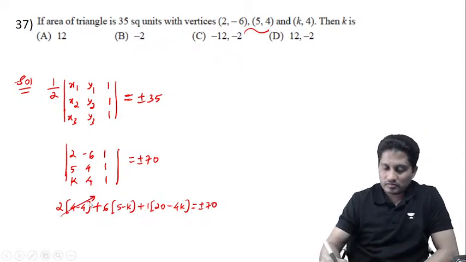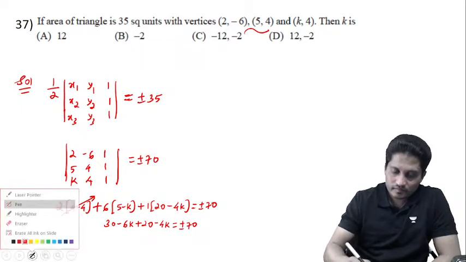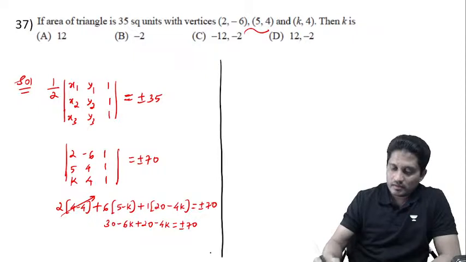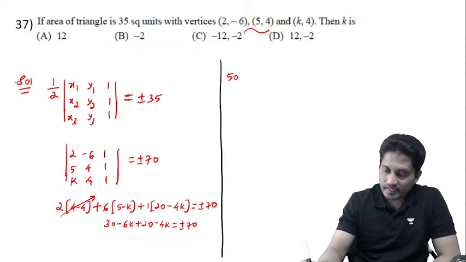Anyways, this is 0. You get 30 minus 6k plus 20 minus 4k is equal to plus minus 70. Right, now this is equal to 50 minus 10k is equal to plus minus 70.